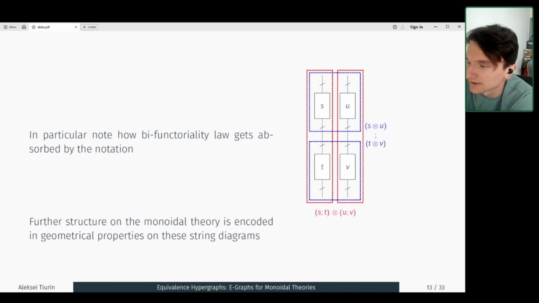And you can also encode some sort of structure in the monoidal theory by tweaking the topology of string diagrams.